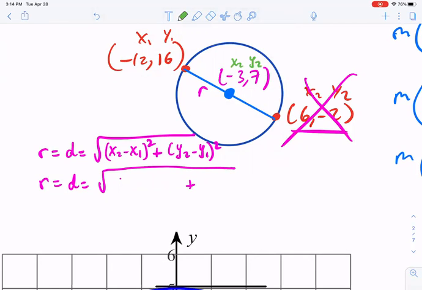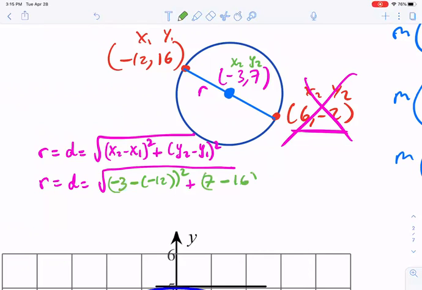So we have x2 is -3 minus x1, -12, and everything squared, plus y2. What's y2? 7 minus y1 is 16, everything squared.